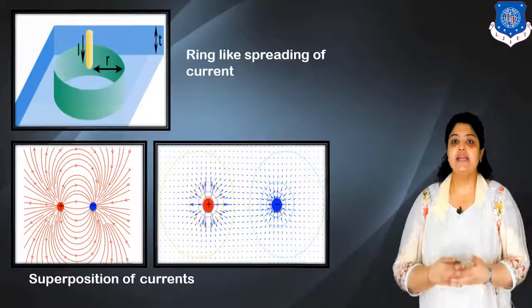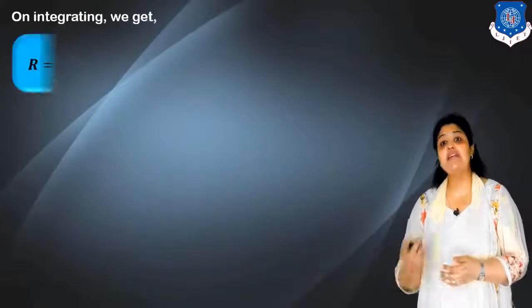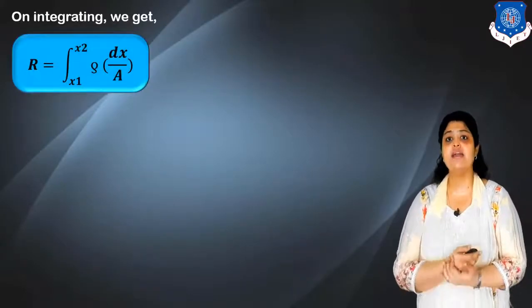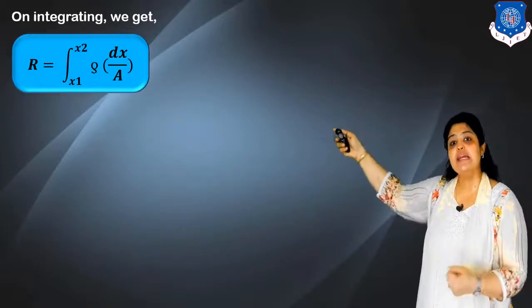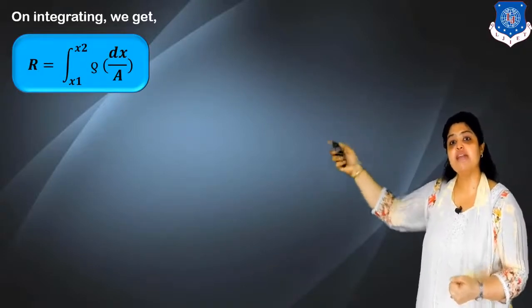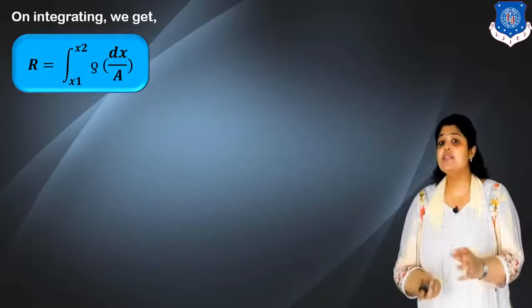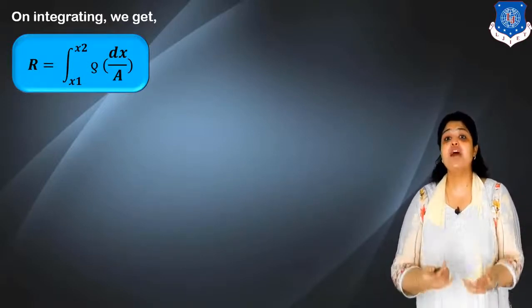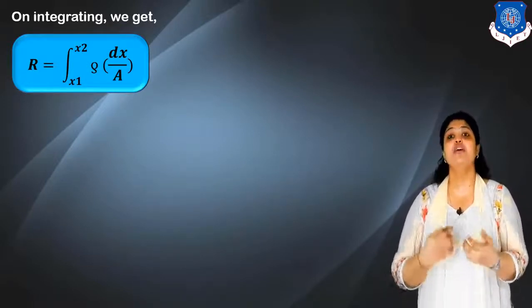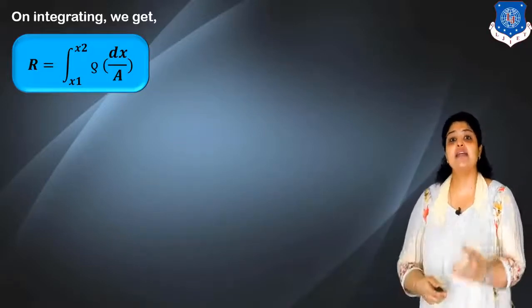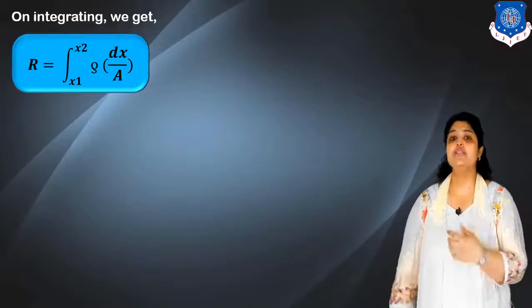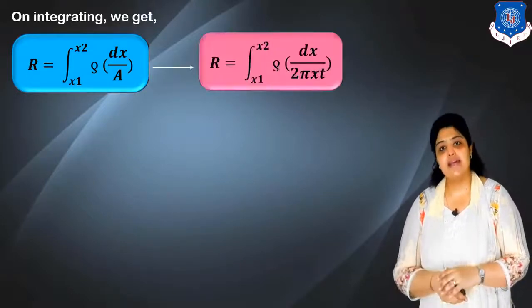Now let us start with the derivation part. So we had defined dr as rho dx by A. On integrating, we get r is equals to integration x1 to x2 rho dx by A. As I just mentioned that spreading of current is in the form of ring or a hollow cylinder, we define area as area of a hollow cylinder, which is defined as 2 pi xt.